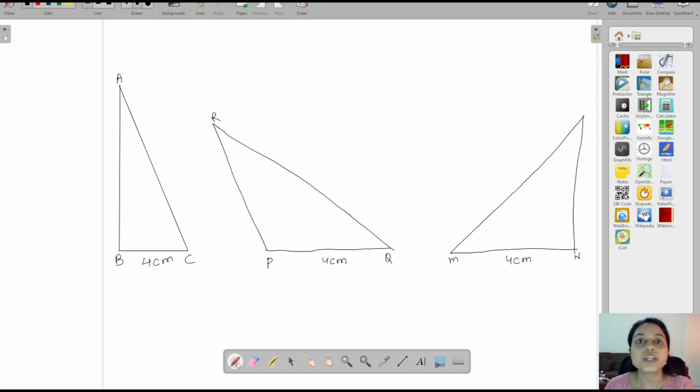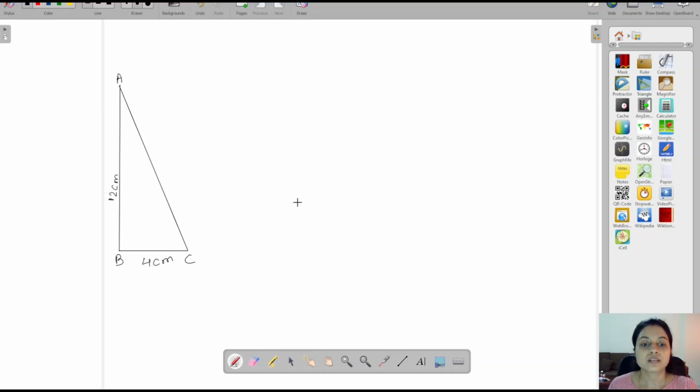Now let's say we know the other side also, that is, side AB is 12 cm. Let's see whether we can draw a triangle which must be congruent to the given triangle ABC, where one side is 4 cm and another side is 12 cm. So here also we can draw a base of 4 cm and draw the other side by making an arc of 12 cm.